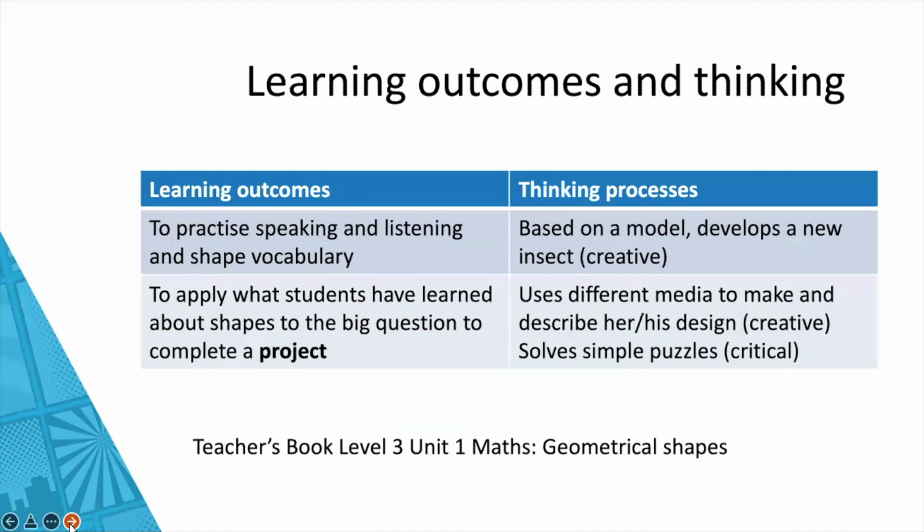I'd also like to flag up learning outcomes and thinking processes. It's useful to know that in the teacher's book, there are learning outcomes for the 2 CLIL pages. For example, here, to practice speaking and listening and shape vocabulary, to apply what students have learned about shapes to the big question to complete a project.